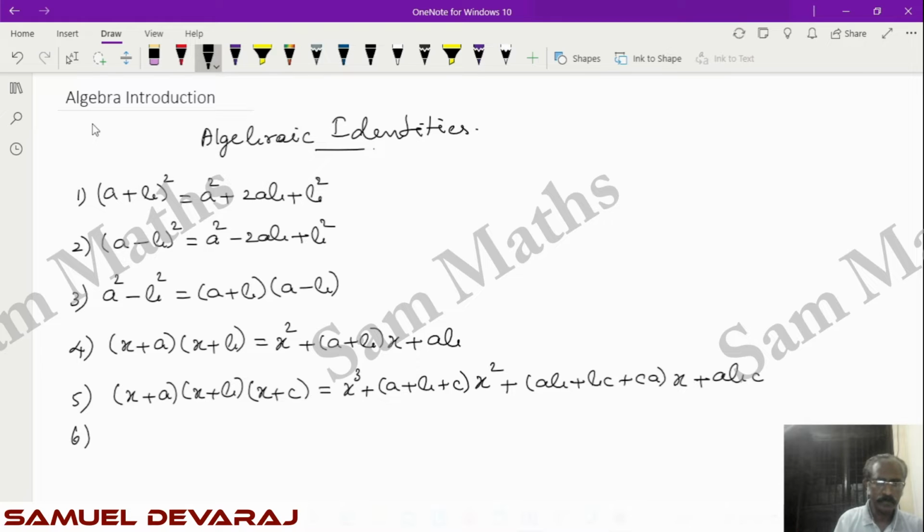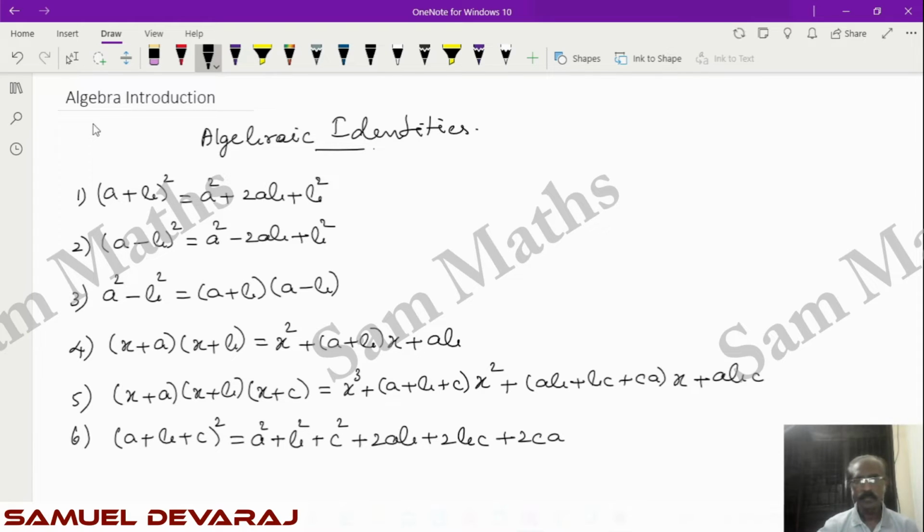Sixth one, (a + b + c)² = a² + b² + c² + 2ab + 2bc + 2ca.